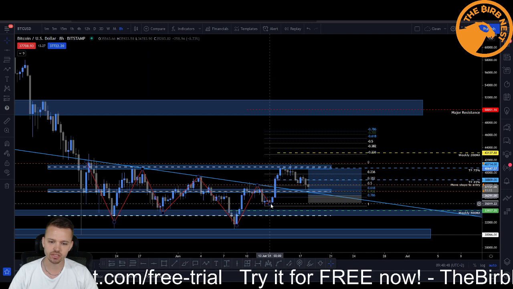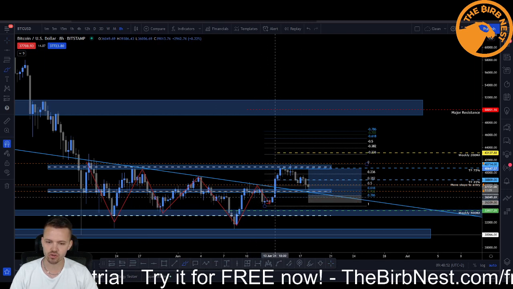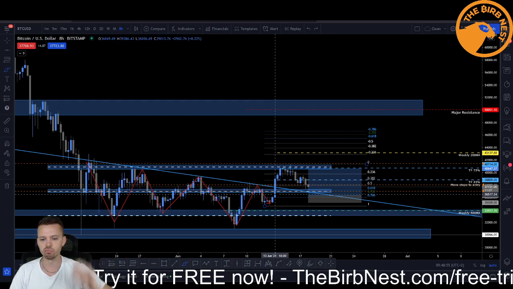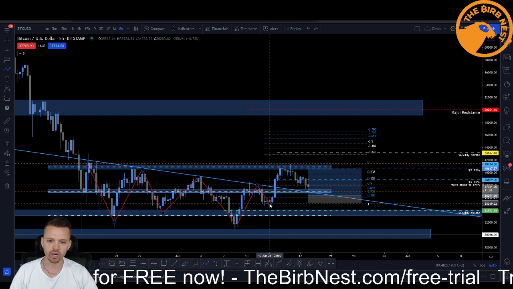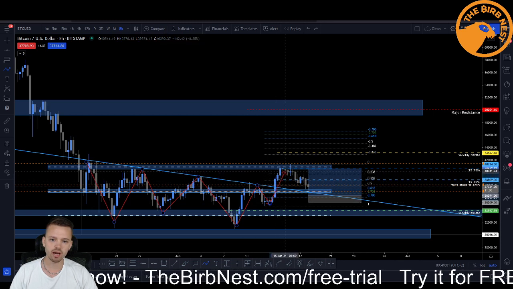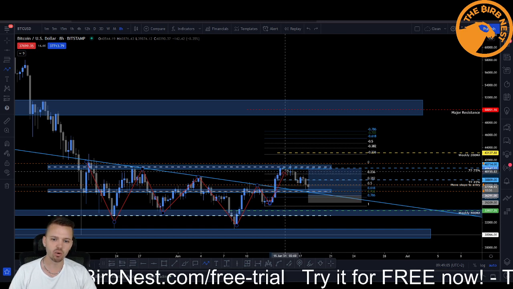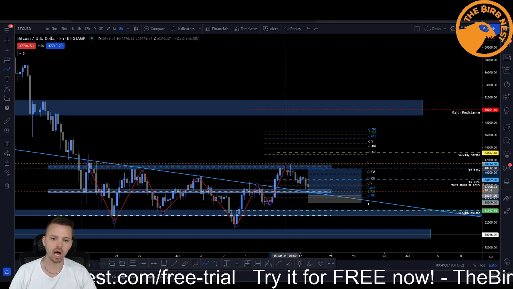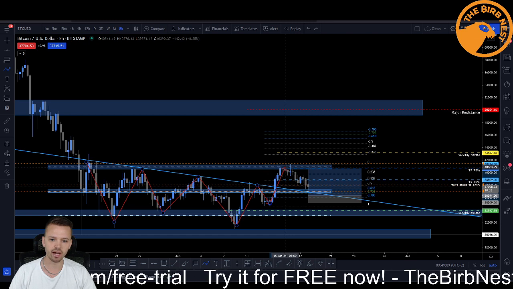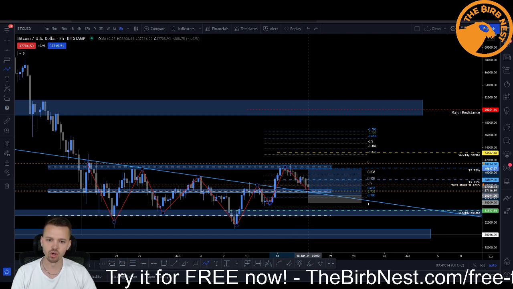That right here, when we created that bounce right here, that is the first sign of a bullish break in market structure, where we created a higher low. We went up, we broke the bearish market structure here, and we now have a potential uptrend forming with a higher high and a second higher low.